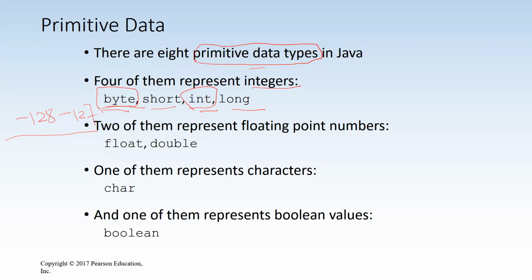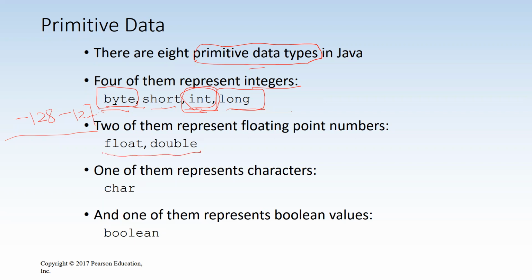And short is 2 bytes, int is 4 bytes, long is 8 bytes. So we usually use int, unless your number is very, very large, then you use long. So those are the 4 data types for integers, for whole numbers.